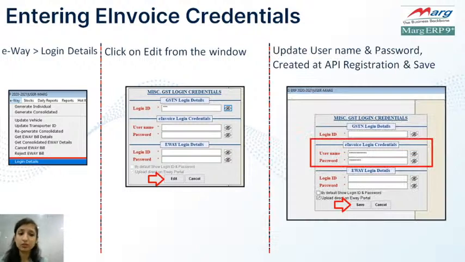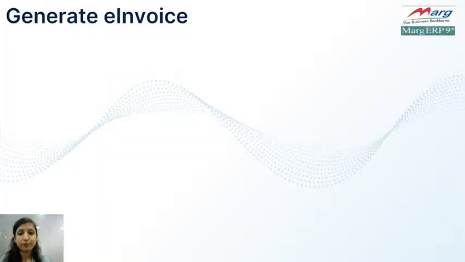Thereafter, the field will get highlighted where you need to mention your created username and password, and need to click on save. It is a simple process, not to worry while doing this process.